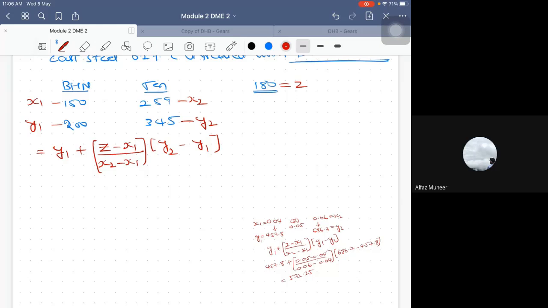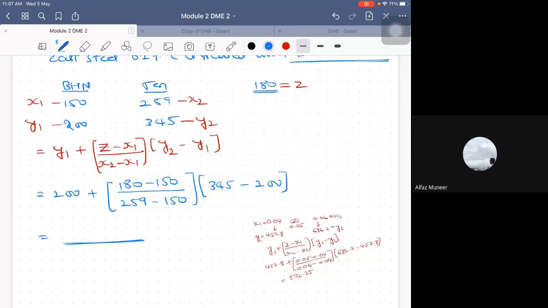Just try to substitute all this. Y1 is 200, plus Z is 180 minus X1 is 150, divided by X2 is 259 minus X1 is 150, into Y2 is 345 minus 200. So what is the value? Understood this particular method?